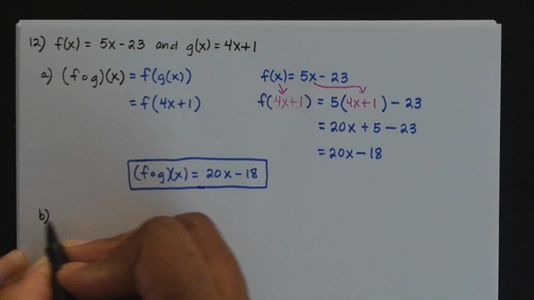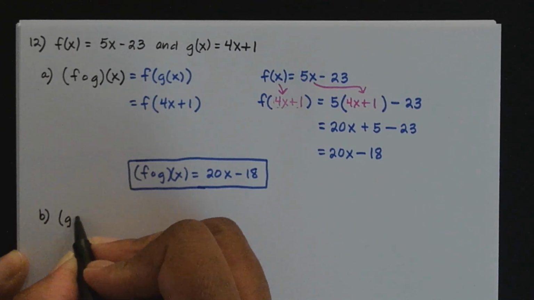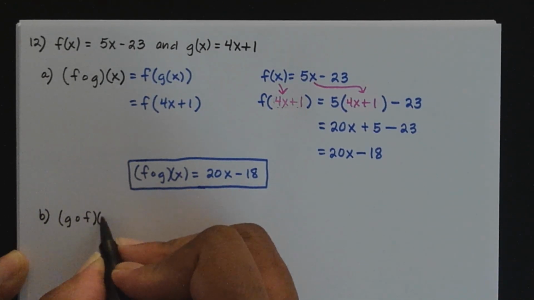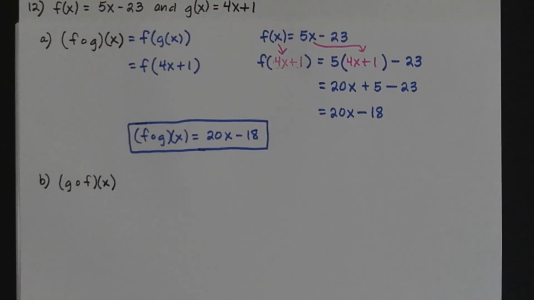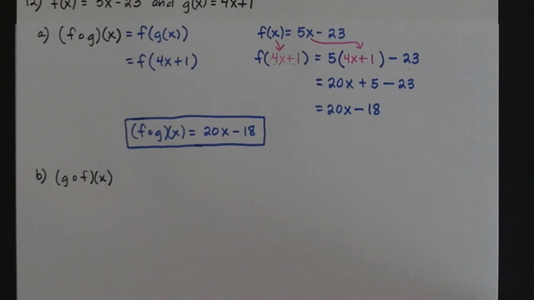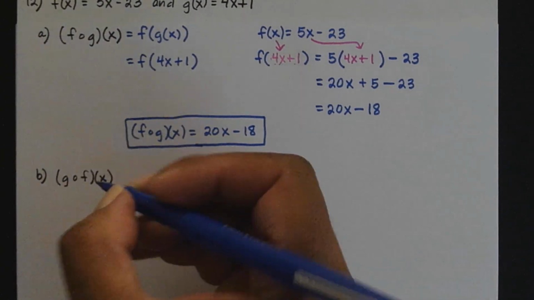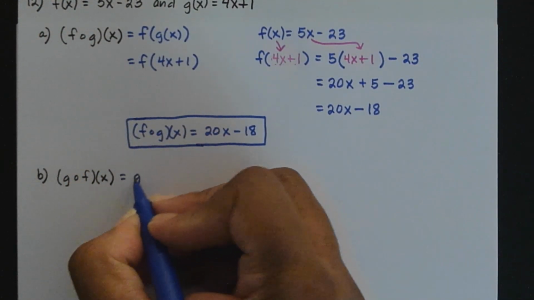Now, B is the composition of g with f of x, which means g of f of x.